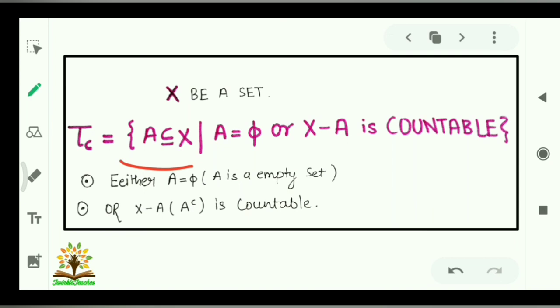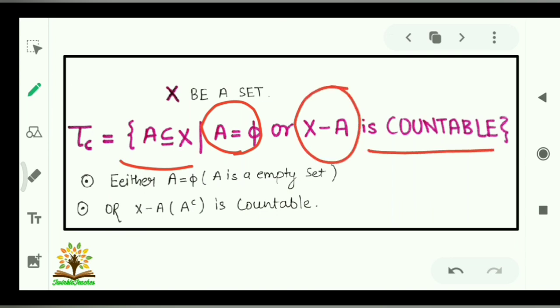Let X be a set and the topology on X contains elements A, a subset of X, such that either A is empty or the complement of A is countable.